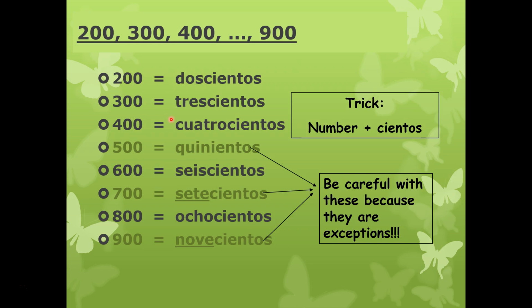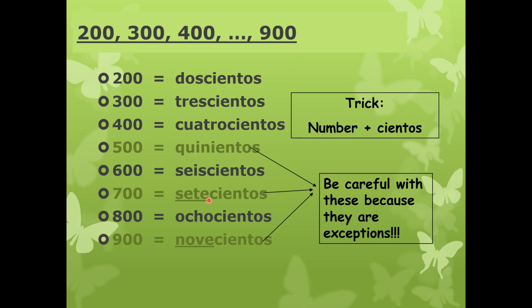Here come the rules we have for these numbers. We have three numbers that are spelled differently. Those are 500, which is quinientos. You see that they do not say cinco cientos, right? They say quinientos. Now we have 700, which is also a different spelling, because if we were to put the number siete with cientos, it would be sietecientos, so you don't say it like that.